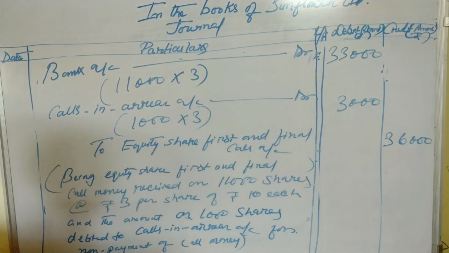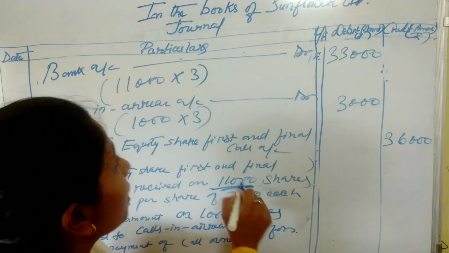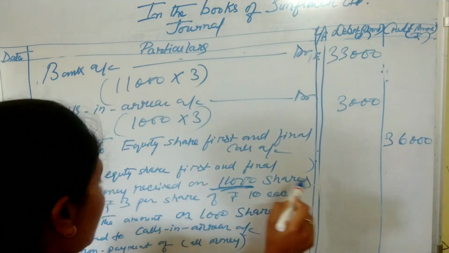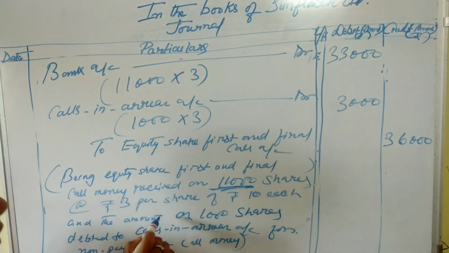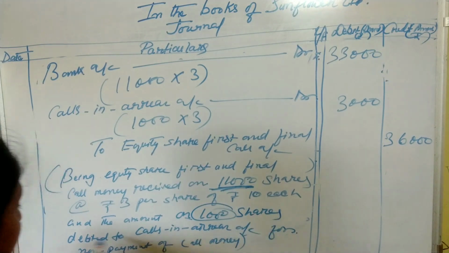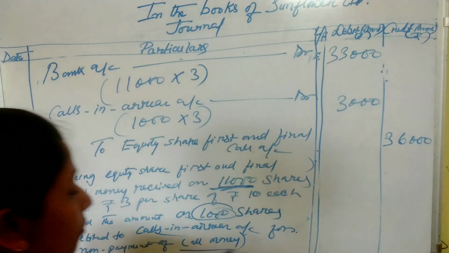See the narration. Being equity share first and final call money received on 11,000 shares. We have received for 11,000 shares at the rate of rupees 3 per share of rupees 10 each, and the amount on 1,000 shares debited to calls in arrear account for non-payment of call money.